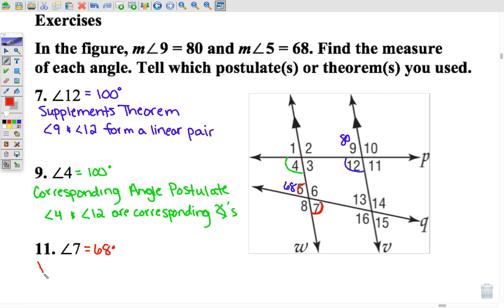And that is from your vertical angle theorem. So vertical angle theorem. And again, we're just going to write down which two angles we're talking about. And that is angle 5 and angle 7 are vertical angles.